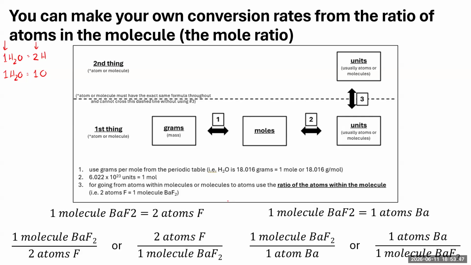All right, same here. If we had barium fluoride and we're trying to find atoms of barium, molecules of barium to atoms of fluorine, right? We can see that there's every one molecule of barium fluoride. Sorry, that should be a lowercase too.